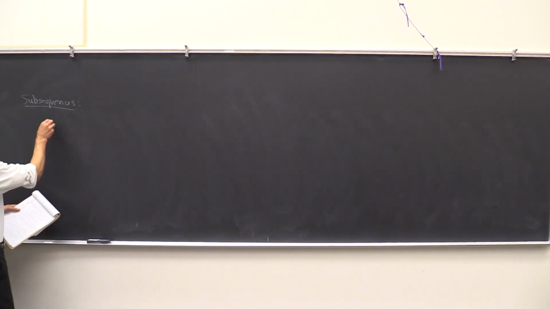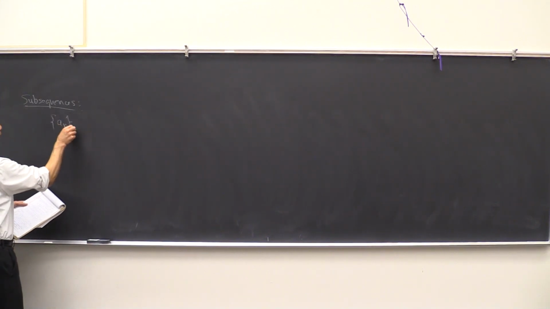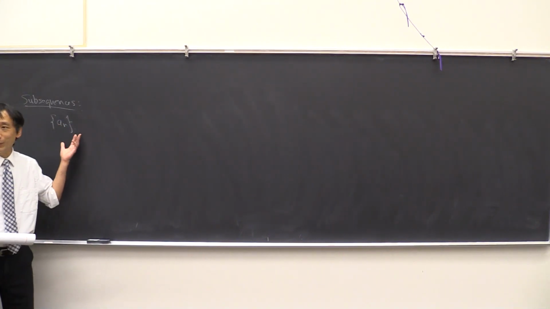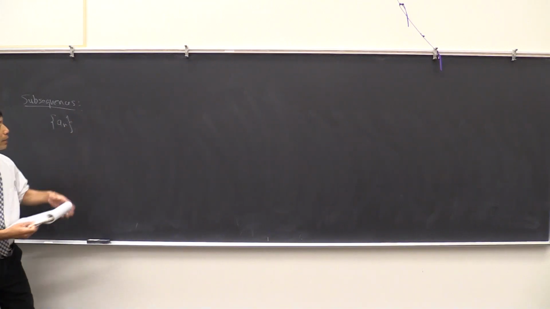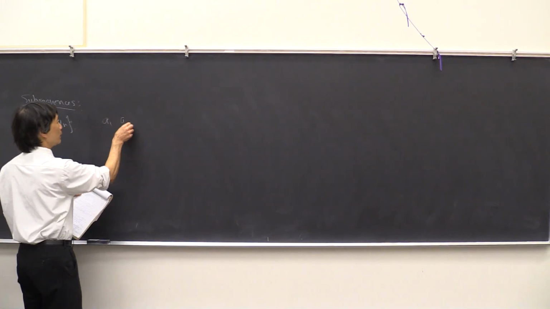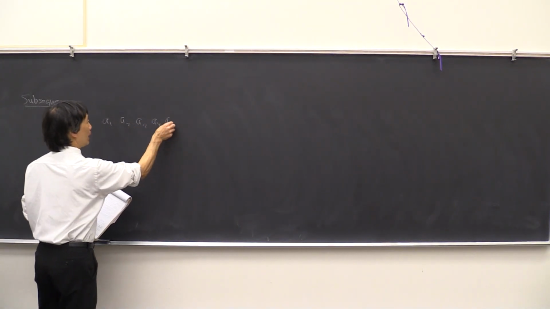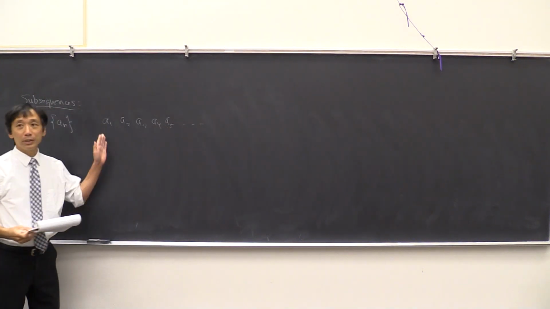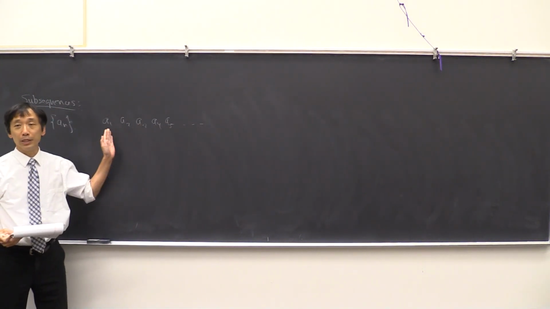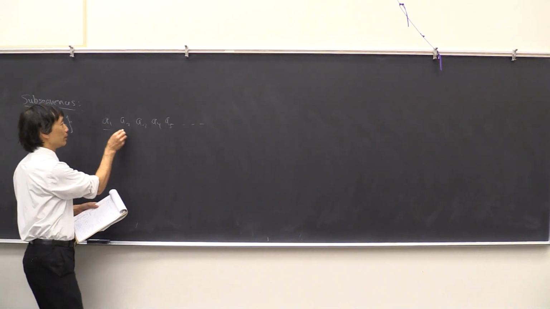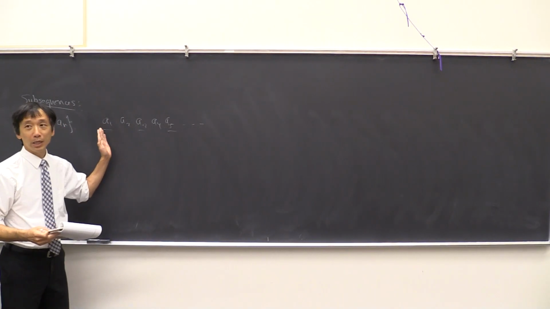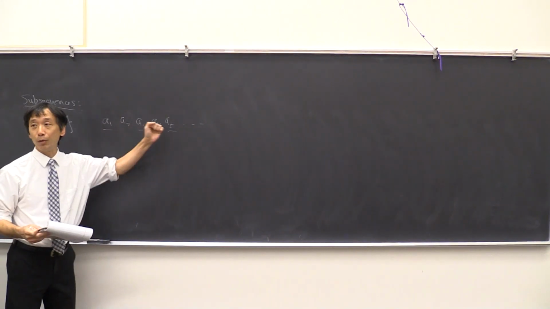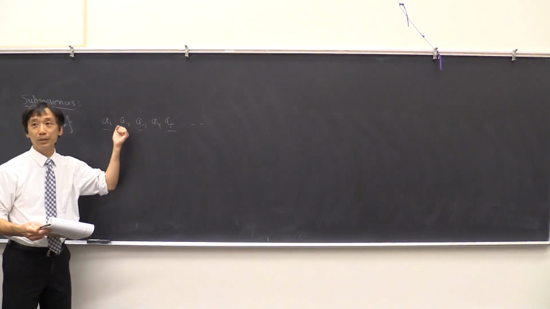If somebody gives you a sequence, you probably intuitively know what a subsequence would be. If the sequence looks like A1, A2, A3, A4, A5, and so on, it's going to be some selection of those in increasing order. Maybe you take the odd ones, maybe you take the even ones.